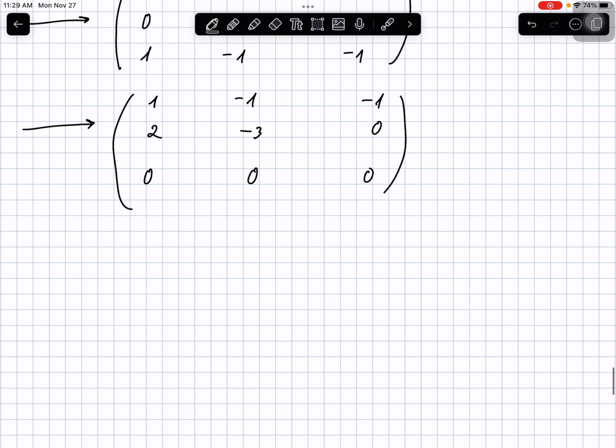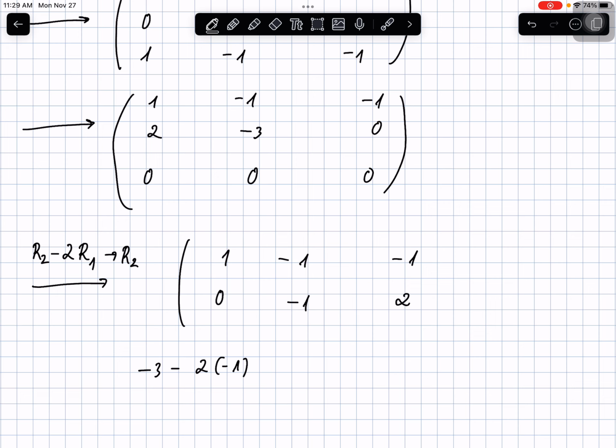What else should we do? Row 2 minus 2 times row 1. Put in row 2: minus 1, 0, minus 3, minus 2 times minus 1, minus 2 times 2, 0, 0, 0. I think we're good.